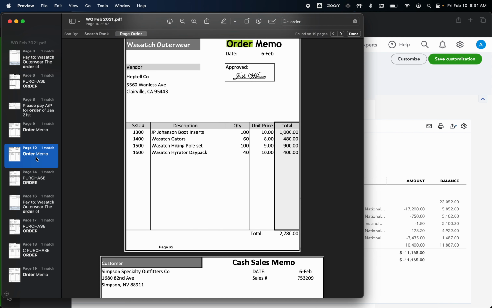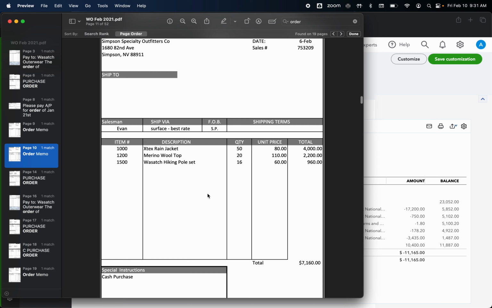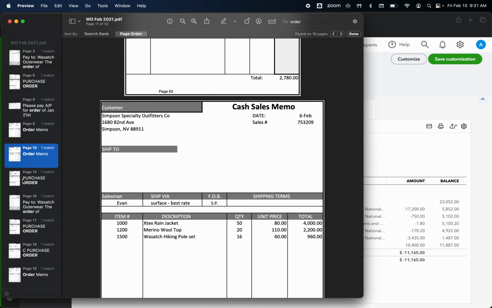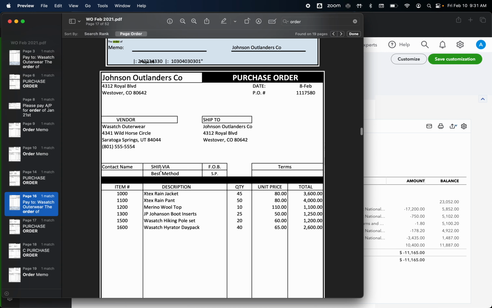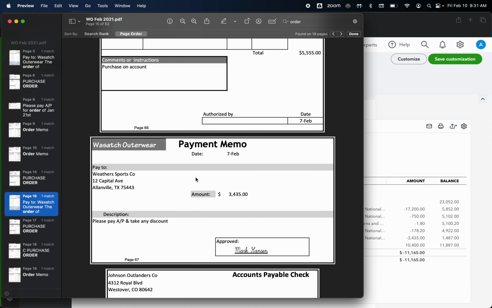So there's a difference between an order memo and a cash sales memo when you do just a cash receipt. So let me see here. The payment memo for the Weather Sports is 3434. I'm guessing that's paying off a January order memo.